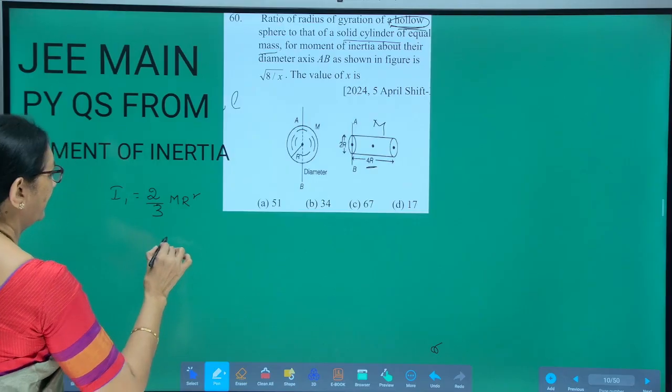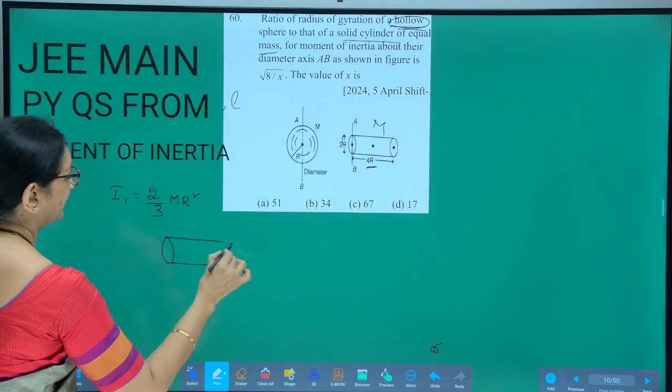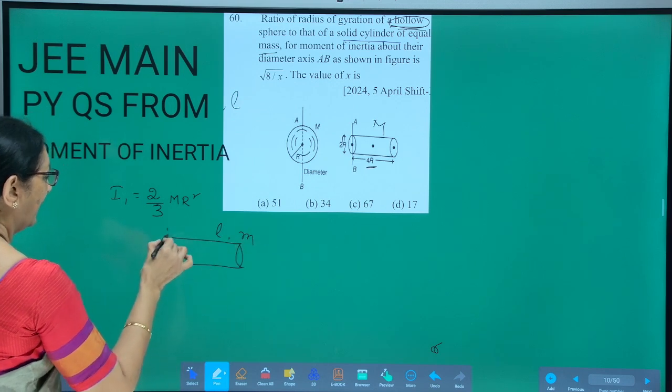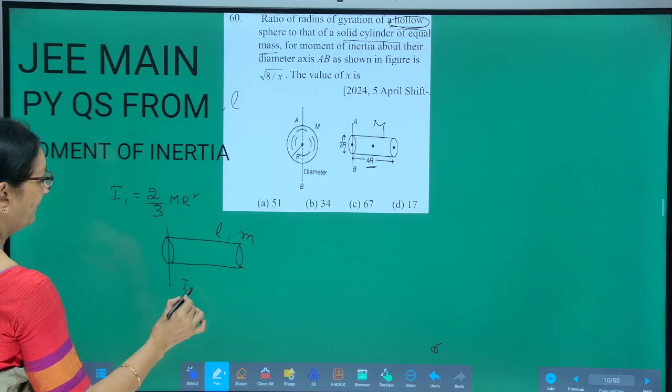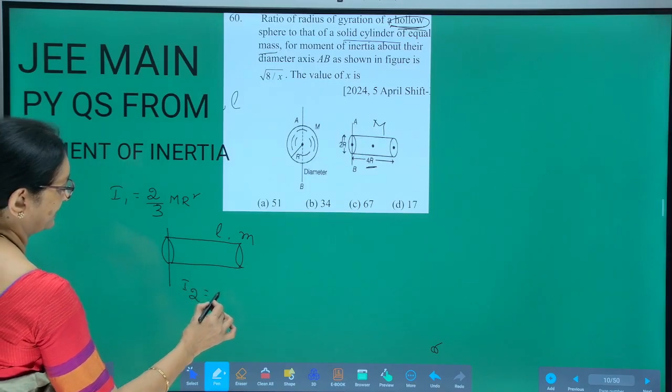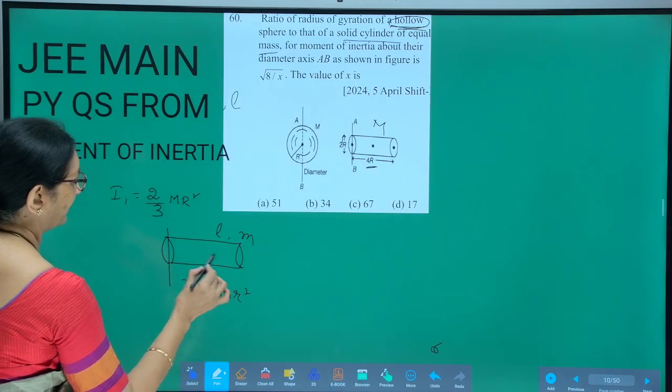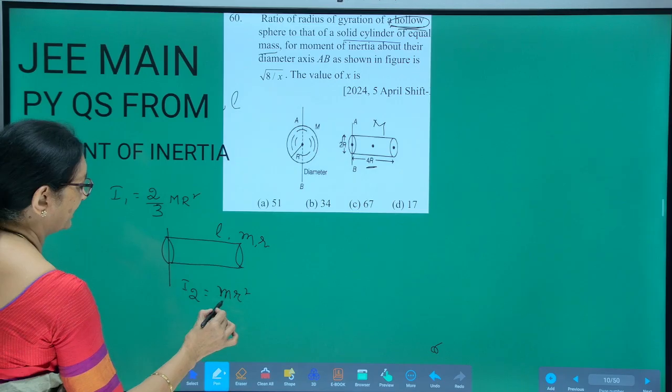In general, if this is a cylinder of length L, mass m, about this axis, the moment of inertia formula is mr square by 4 plus ml square by 12, if r is the radius of the cylinder.